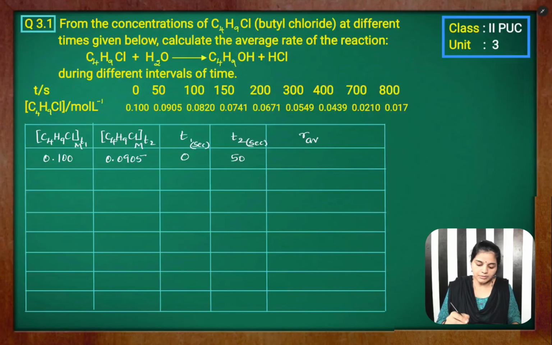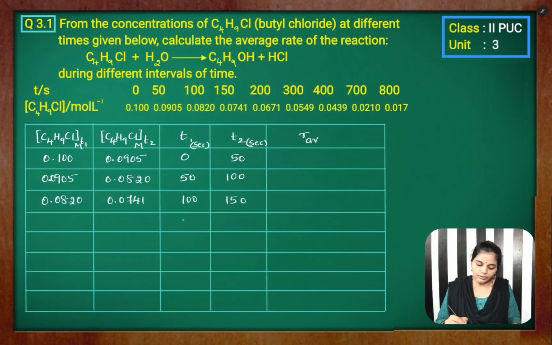0.0905. Similarly, now for the concentration 0.0905, we will consider the next time interval, and this concentration changes to 0.0820. Now the time interval is 50 seconds and 100 seconds. Similarly, noting down the others, now the concentration is 0.0820. Its next concentration is 0.0741. Time interval here is 100 seconds and 150 seconds.